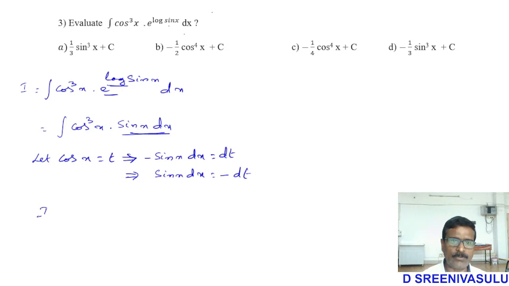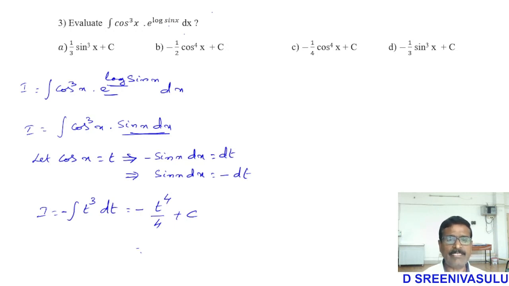Then I is equal to the integral of t cube, sin x dx is minus dt, so minus the integral of t cube, which is minus t to the power of 4 by 4 plus c. What is the value of t?